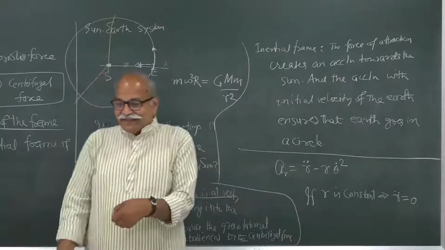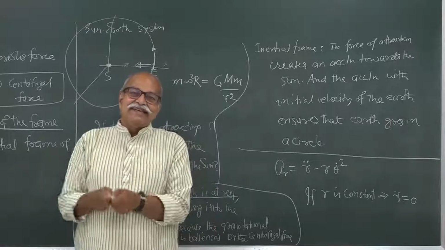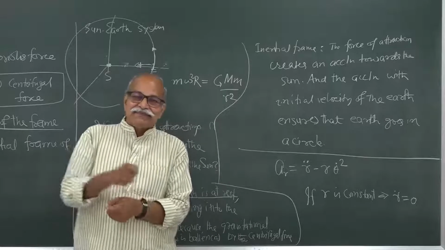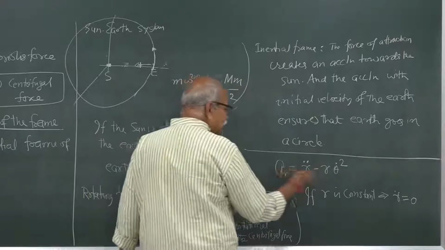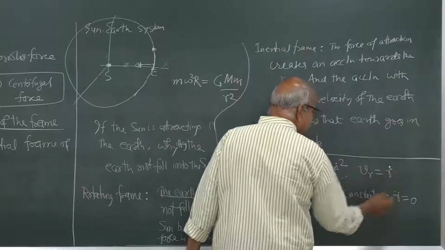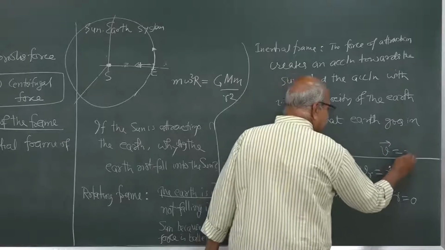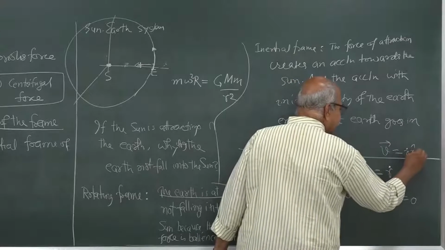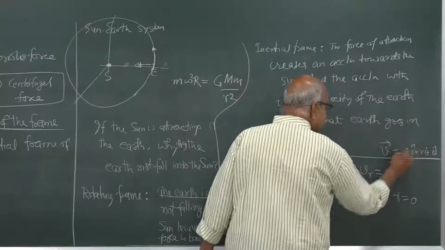If the radial distance from the origin is not changing, radial velocity is 0. You remember, the velocity vector was r dot r cap plus r theta dot theta cap. So, that radial velocity is just r dot.